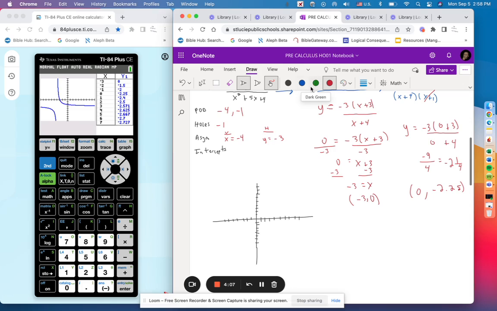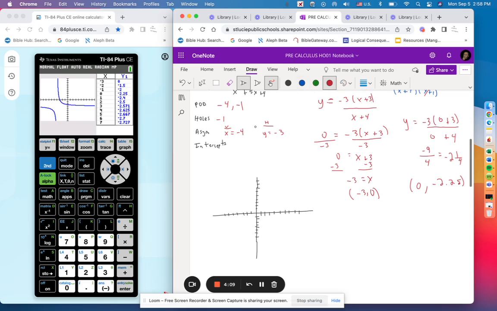So now I'm going to graph it. I need my points, my table. So my asymptote is -4. I'm going to pick two numbers to the right and to the left of that. So I'm going to pick -5, -6, and I already picked -3.